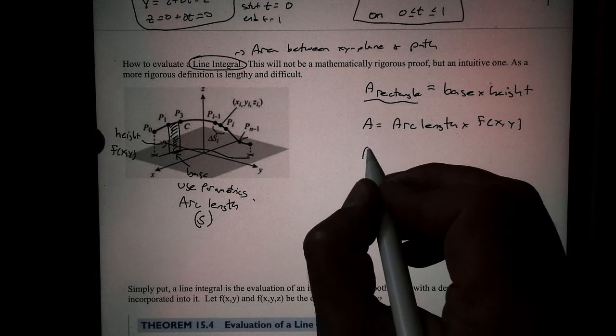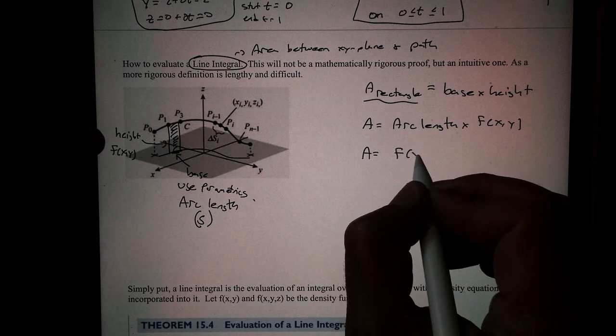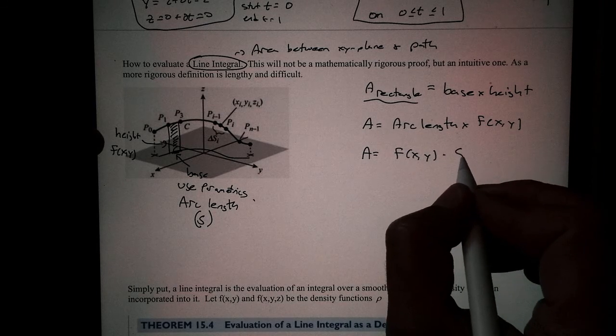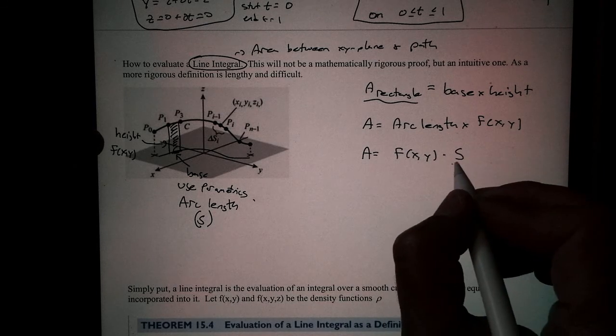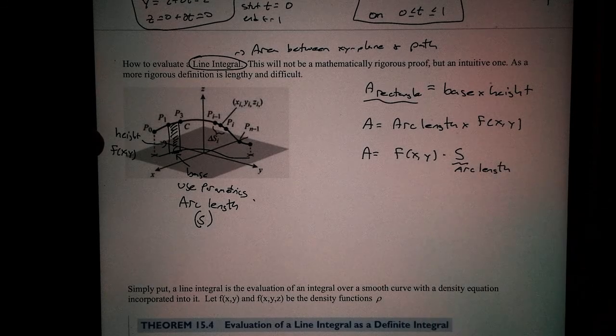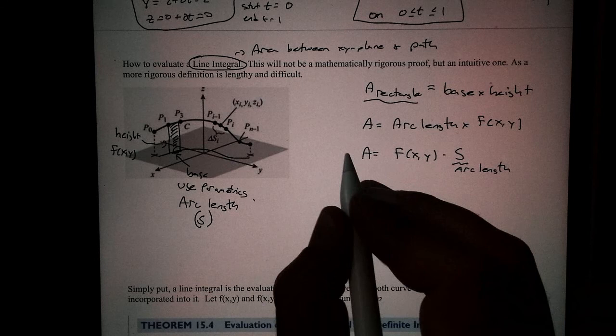Another way I could write this, I'm going to switch this around, you'll see why in a second: f of x, y times s. That's my arc length. So that's my area.